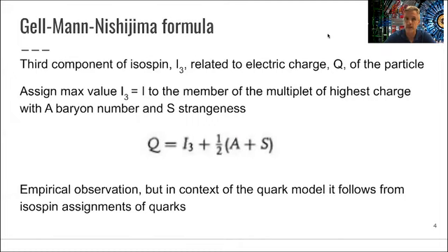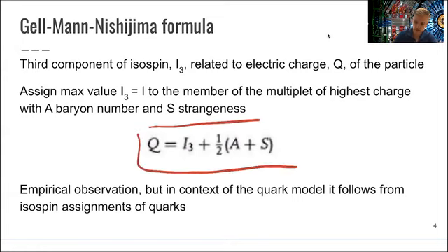Gell-Mann and Nishijima empirically observed a relation: if you assign the maximum value of I3, the third component of isospin, to the member of the multiplet with the highest charge, in the previous example either the proton or the pi plus, then the charge of this particle follows from the isospin, the baryon number, and the strangeness. We looked at baryon number and strangeness before. As a reminder, strangeness is the number of strange quarks in the baryon or the meson, and the baryon number is simply the number of baryons.